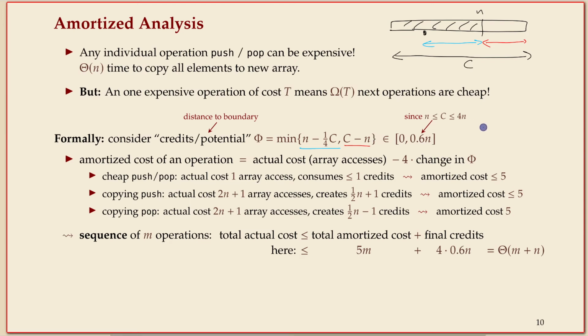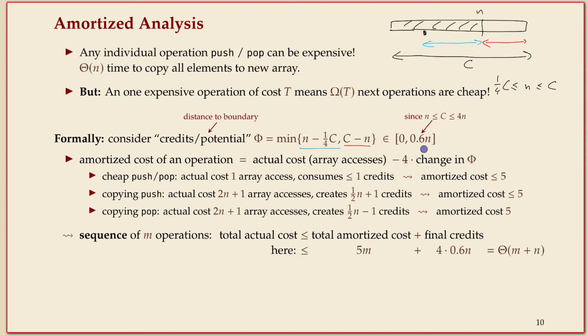If you use our invariant, I formulated this in terms of n as a bound of c, but we can flip it around. If you rearrange this, then you get a bound for c, which is more convenient for this. And if you insert what you know for c, you find out that this potential is always between 0 and 0.6 times n. That's just doing the calculation.